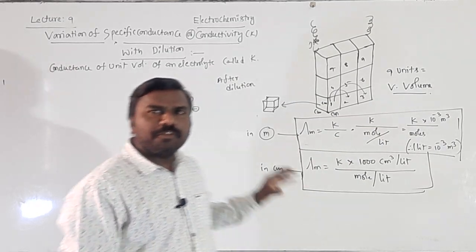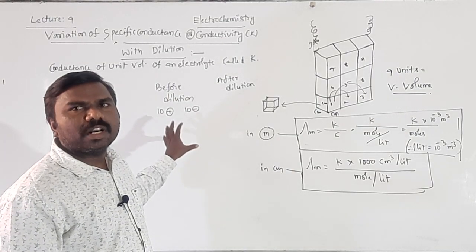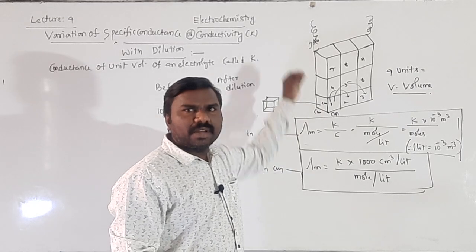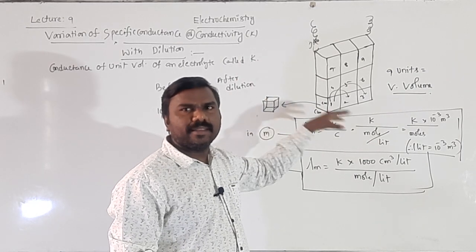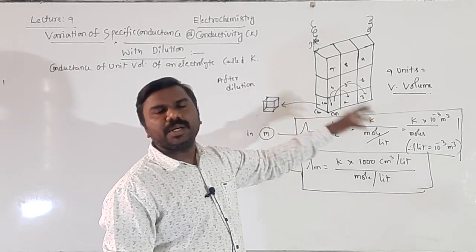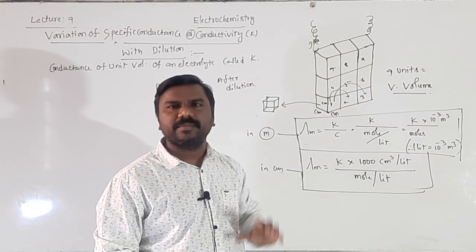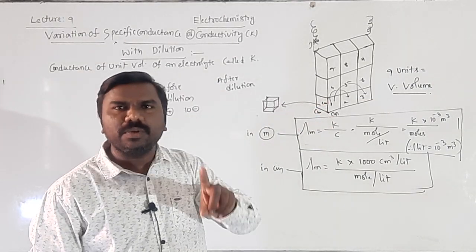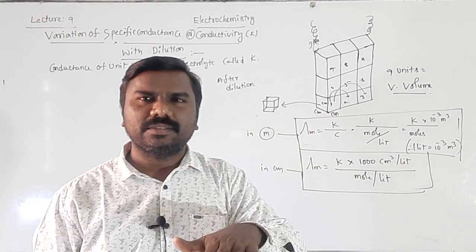It means before dilution, more number of cations and anions are there in 1 unit. When I started to add more water, those ions present in 1 unit will enter into other units. Then after dilution, the number of ions in that unit will decrease.